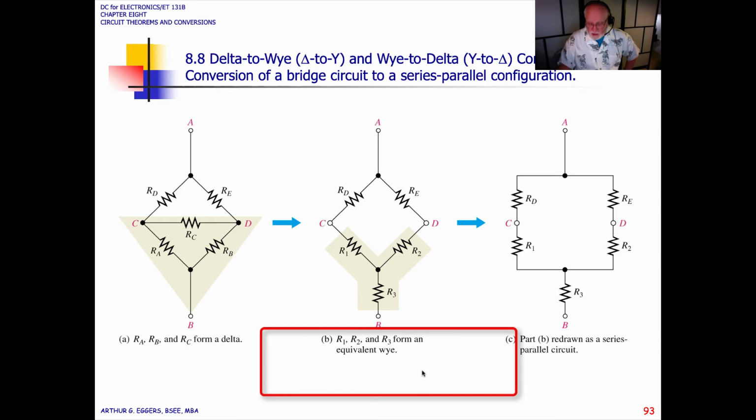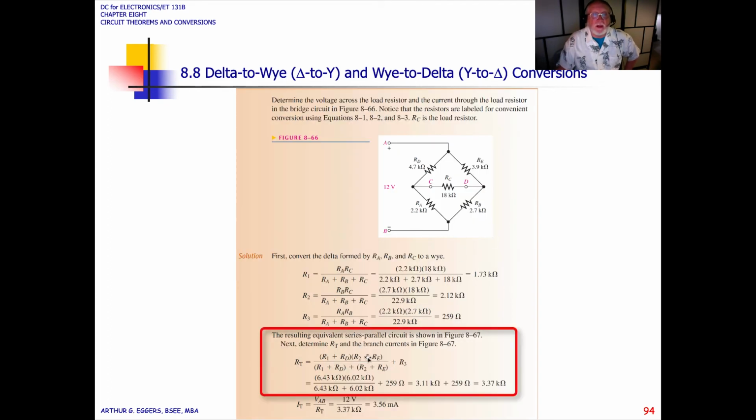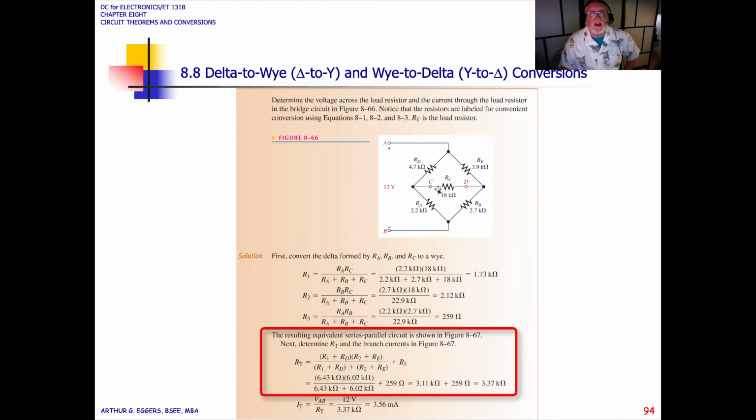We're going to determine our total as a product over sum relationship plus R3. If we look at this, R3 is in series. The two series branches in parallel then become these other values. So we end up with a value of 3.37 k ohms for the total resistance of this redrawn and recalculated diagram.